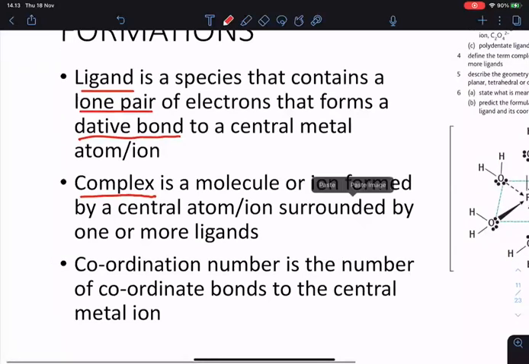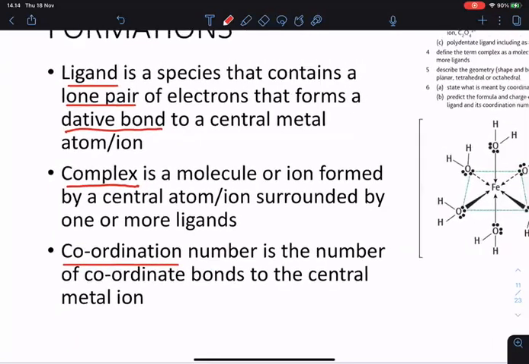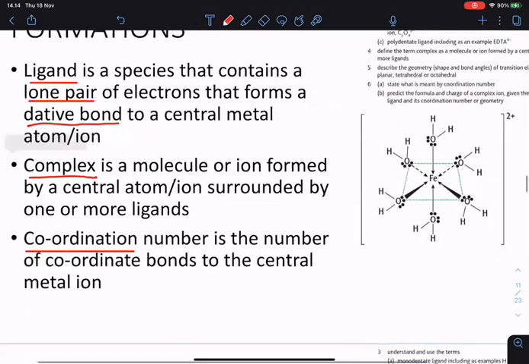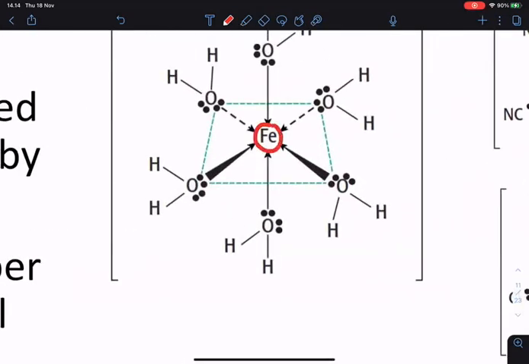There is another new term that I want you to learn, which is known as coordination number. What is coordination number? Coordination number is the number of coordinate bonds, or the number of dative bonds, to the central metal ion. If you look here, this is the central metal. How many bonds do they form? In total you can see they form 6.